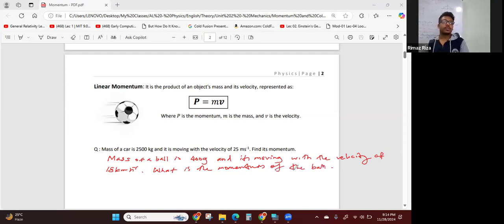What is the momentum of the ball? Okay, quickly do this. Don't take much time because today we have to finish the momentum completely.